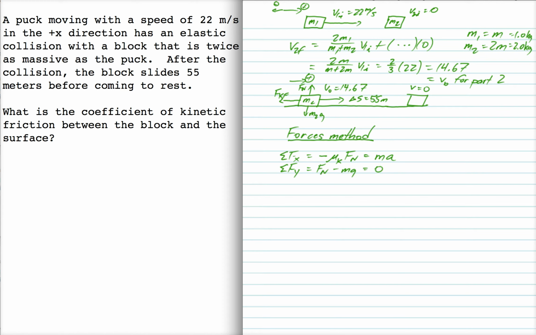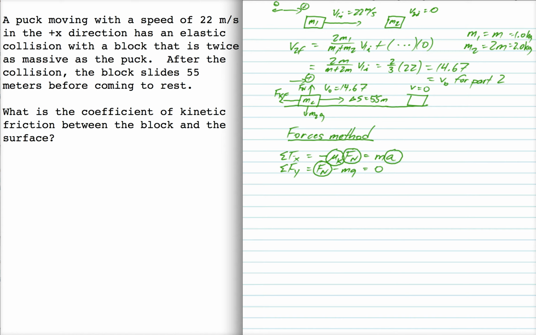So I've got two equations and two unknowns. Oh no, actually wait, I've got 3 unknowns, because I don't know mu sub k. Right, I don't know the acceleration either. So what should I do? If you don't know, you should pause the video and think about it before I reveal the surprise.